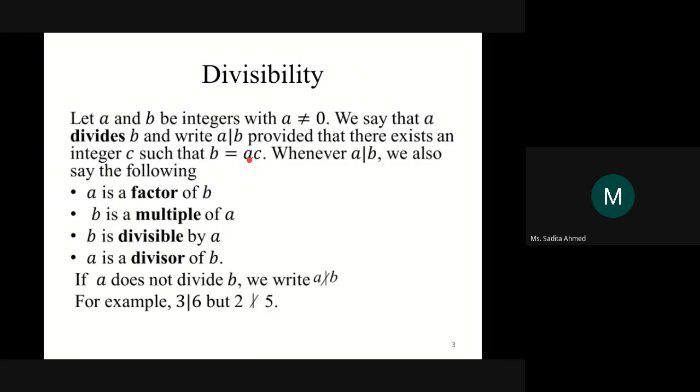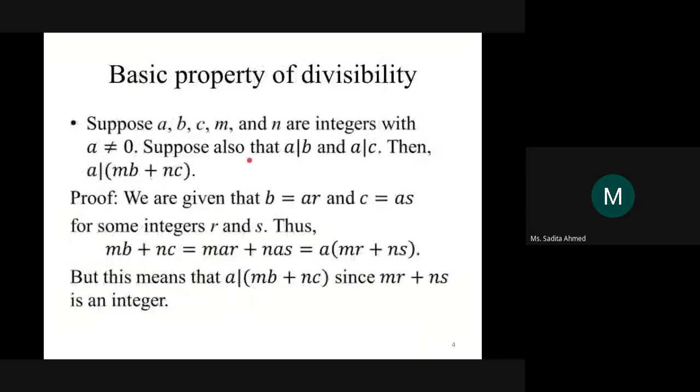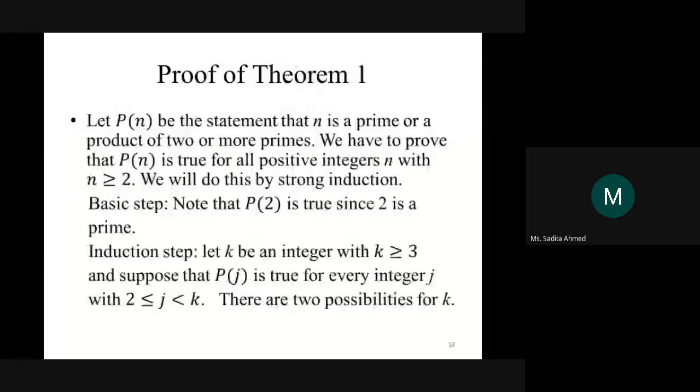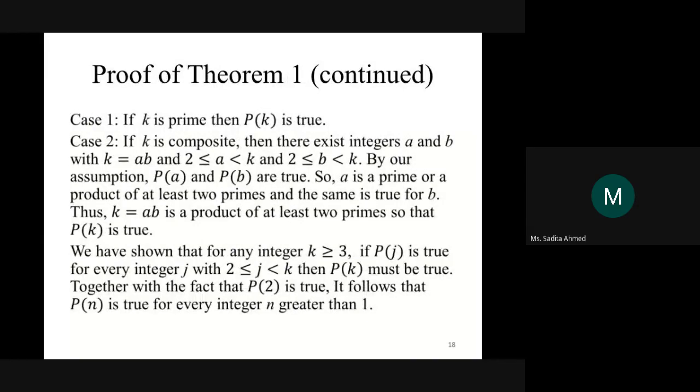Yes? So similarly here, if k is a composite, then k must be divisible by at least one other integer a, all right? And in that case, k is equal to ab for some other integer b. Yeah? So far, does it make sense, guys?